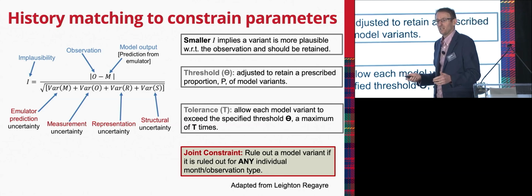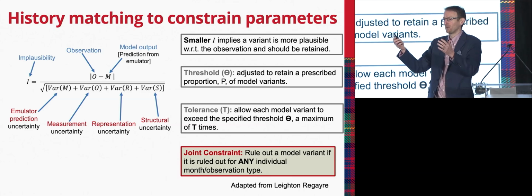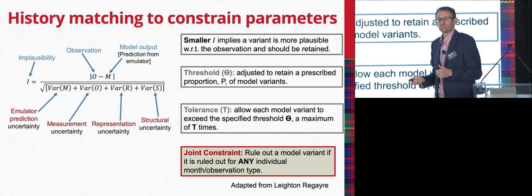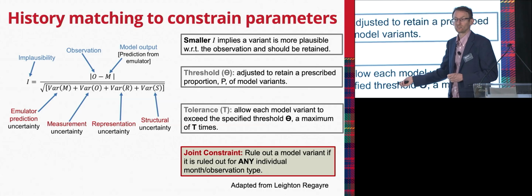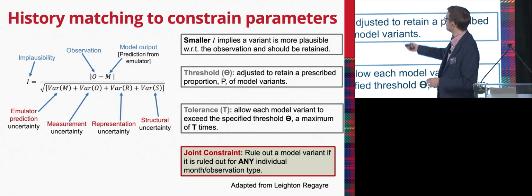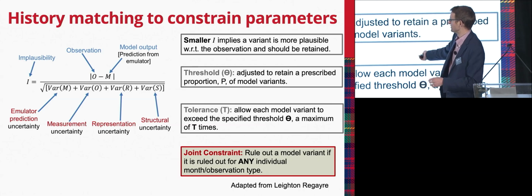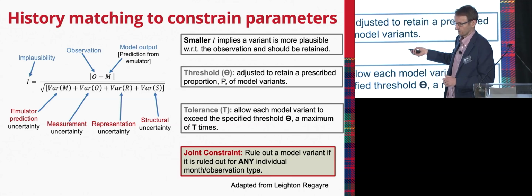But if we insist that every model point agrees with an observation perfectly, then that's what we'd end up doing. So there is some subjectivity here, and plenty of scope for clever statistical techniques to reduce that subjectivity. So we're investigating a threshold and tolerance for determining these implausibilities, as shown on the slide.